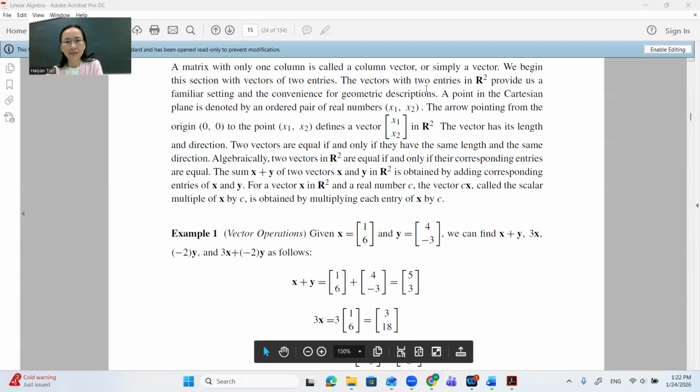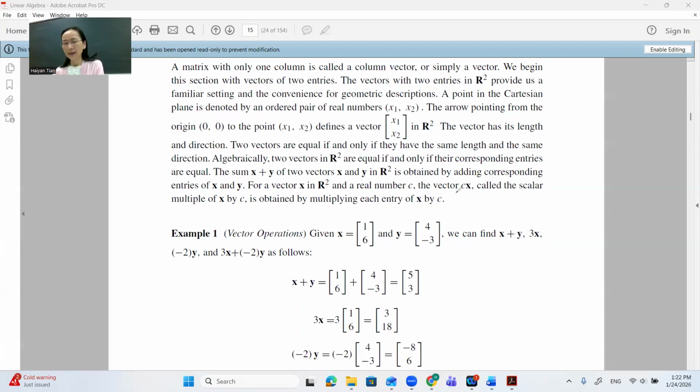With these two vectors, we gave them names, x and y. So if we add the two vectors, what do we get? We just simply add the corresponding entries. So that is 1 plus 4. We add 6 and negative 3. Then we get a new vector. So the result is 5, 3.